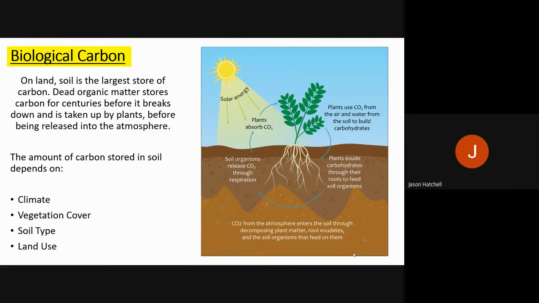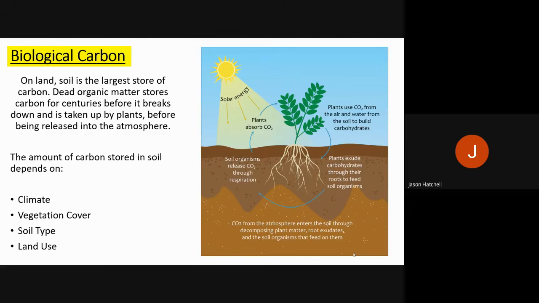The amount of carbon stored in soil depends on climate, vegetation cover, soil type, and land use. Now, the reason for this is that all of these different elements, which are varying elements, impact the amount of carbon that's actually available to transfer into the soil.